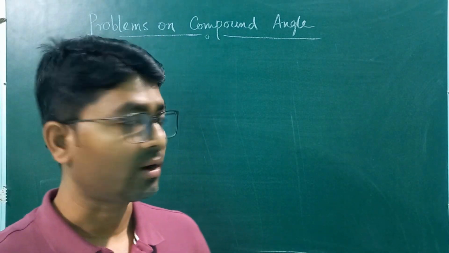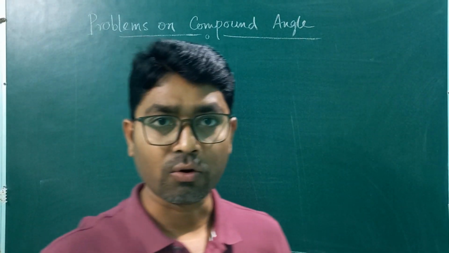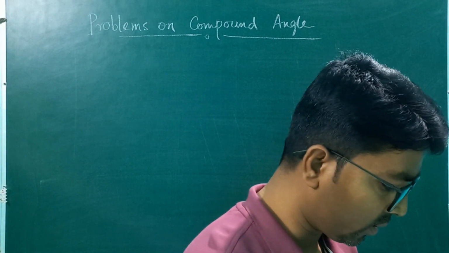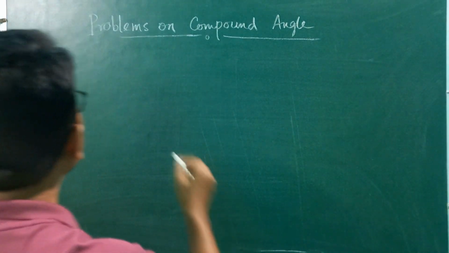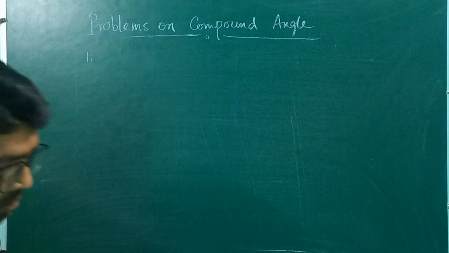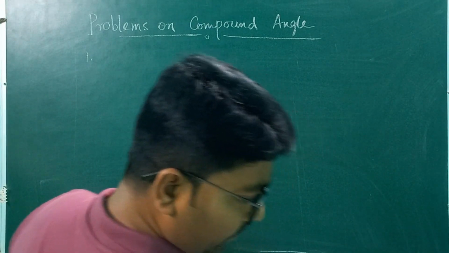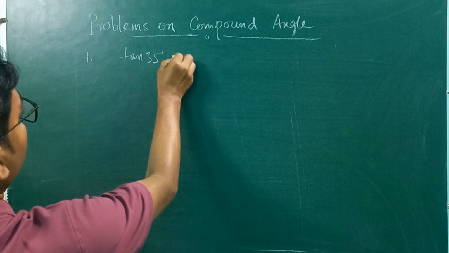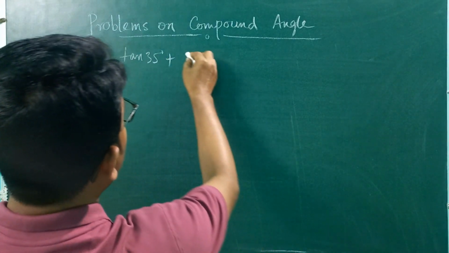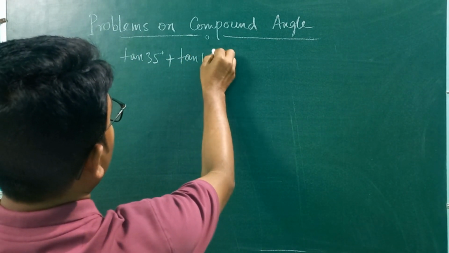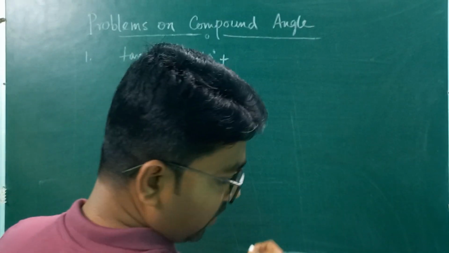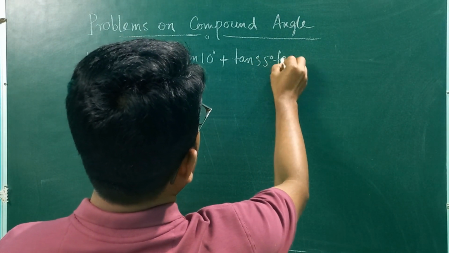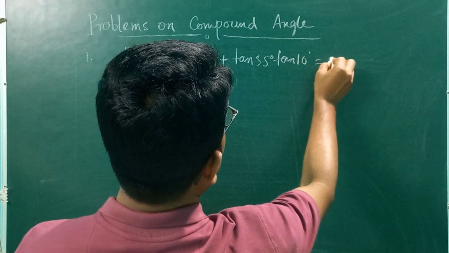So let's start with a very common and very important problem of compound angle. Number 1, we have the problem: tan 35 plus tan 10 degree plus tan 35 tan 10 degree equal to 1.